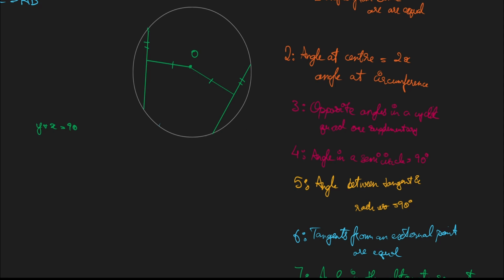Now the next one is sort of an extension to this. So again, we have our chord here and the perpendicular bisector, right?